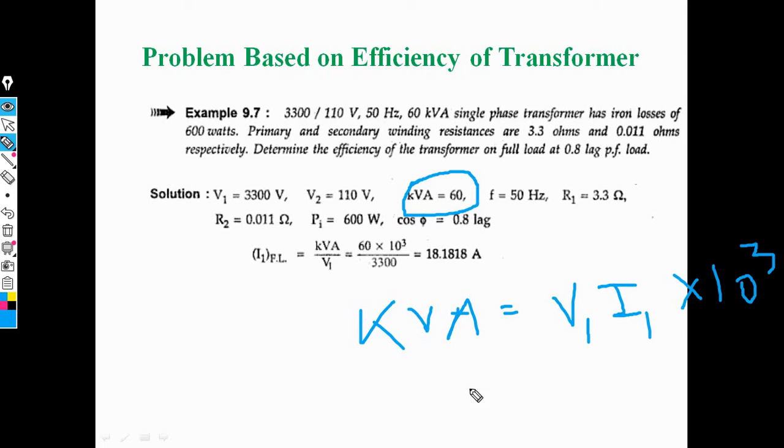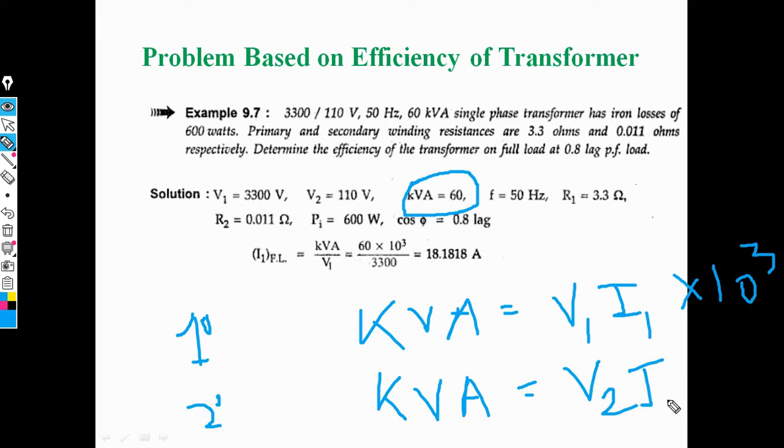This is for the primary winding. Then for the secondary winding the kVA rating is V2 I2 into 10 raised to 3. This is for the secondary winding.